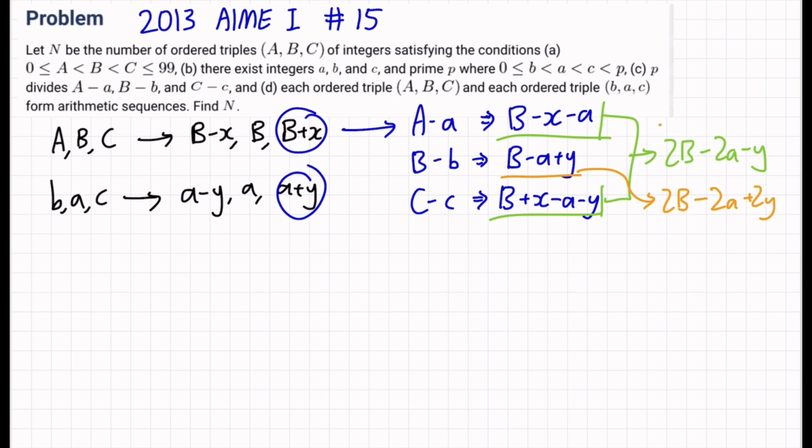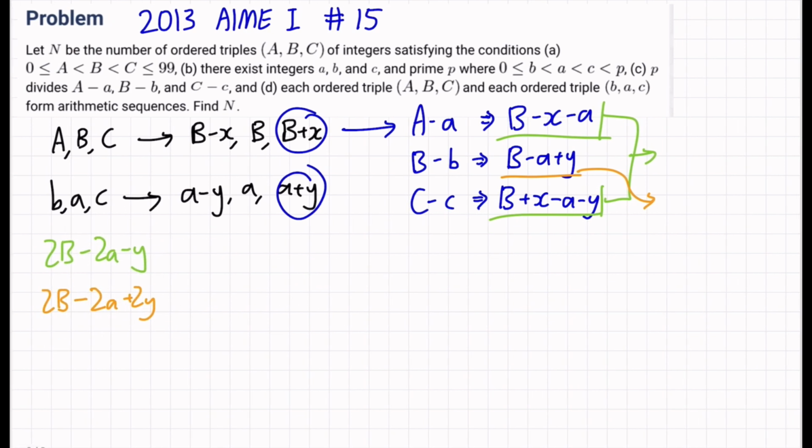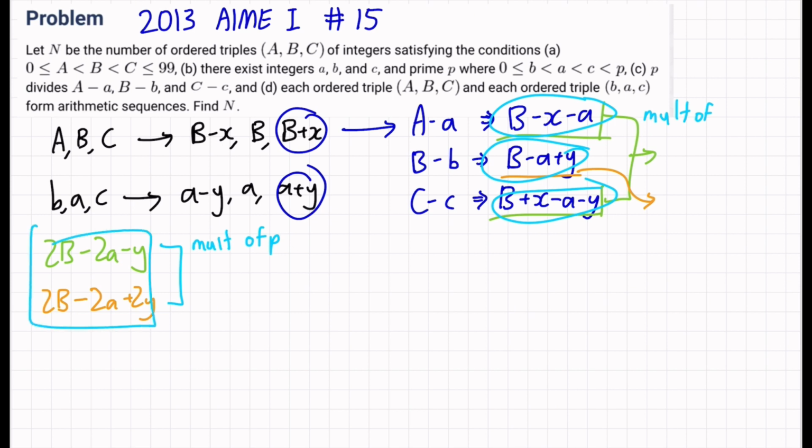These two look similar. Also keep in mind that all three of these are multiples of P. Since this is a subtraction of multiples of P, and this is a multiplication of multiples of P, these are still multiples of P.